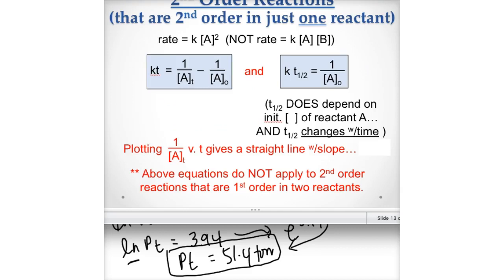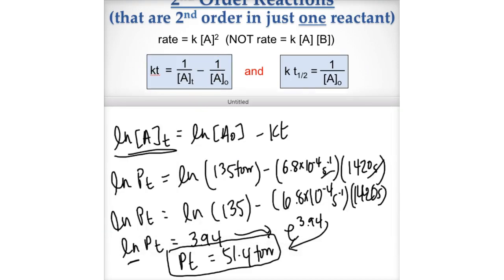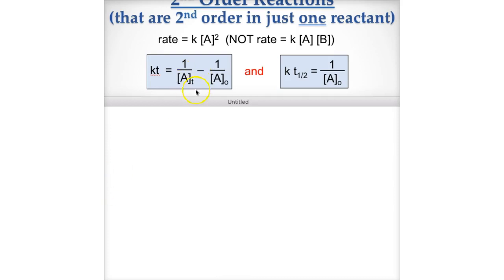And then lastly, we get into the second order. For second order, I don't have to really go over an example. It's the same setup that we have been doing.